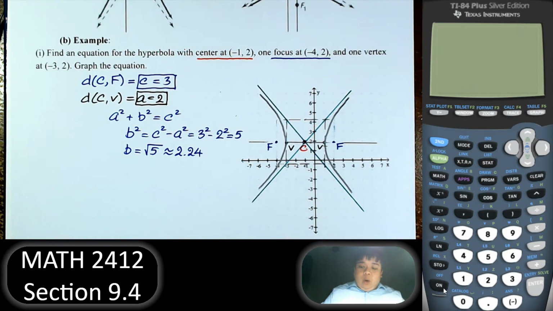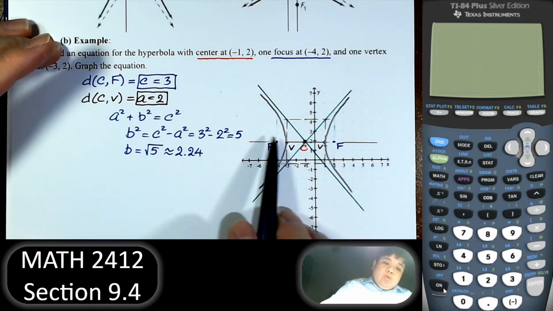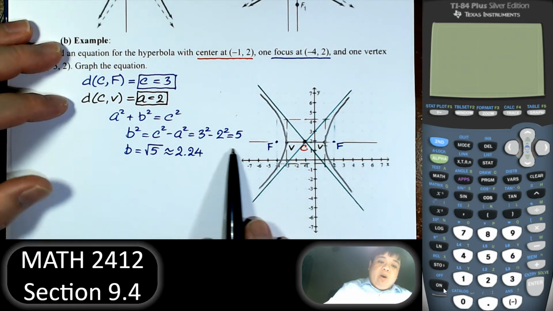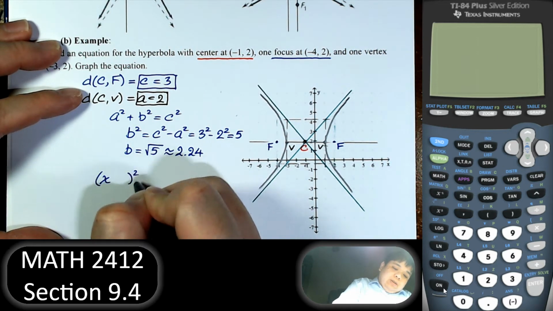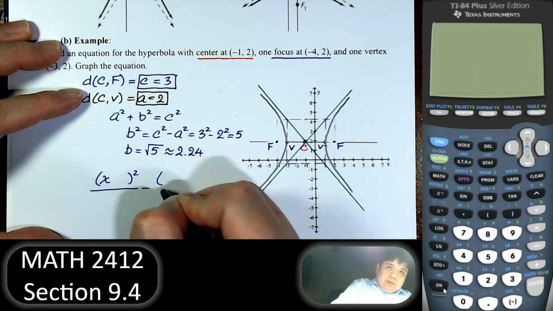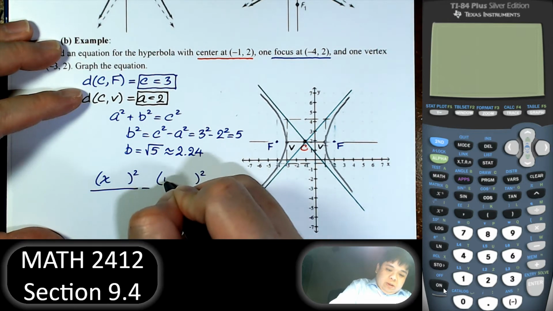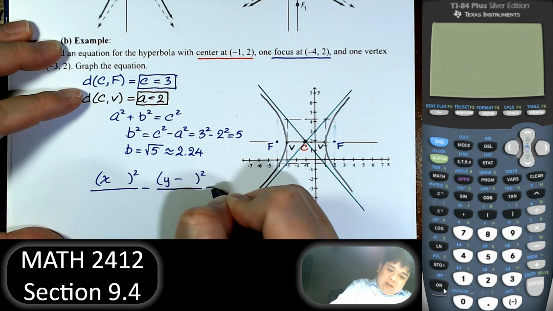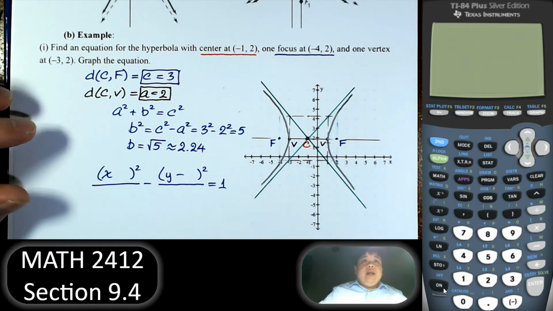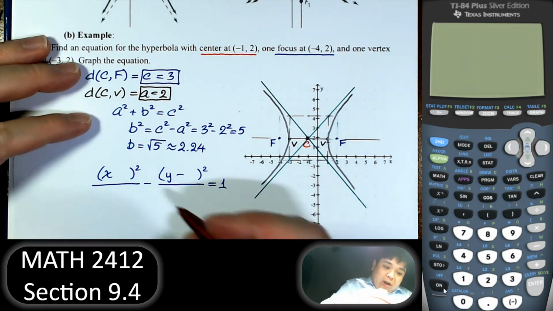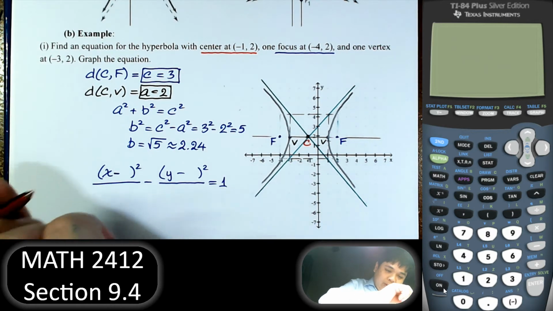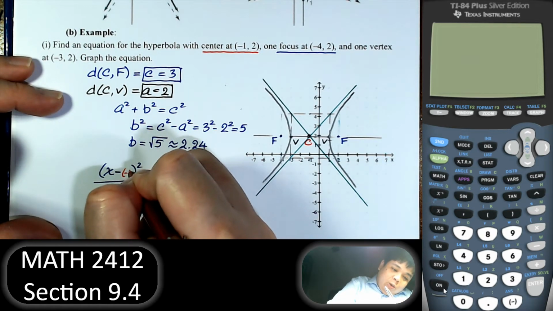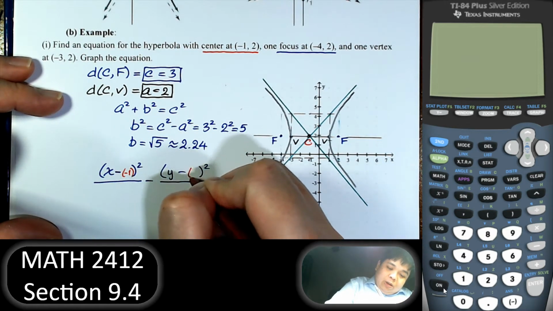Now in terms of the equation, this one is horizontal because everything aligns horizontally. So we start with x first, and then y. This time we do have the center of -1 and 2: -1 goes with x and 2 goes with y.